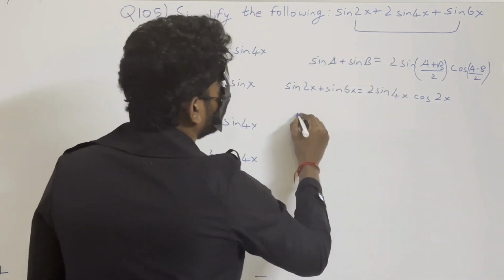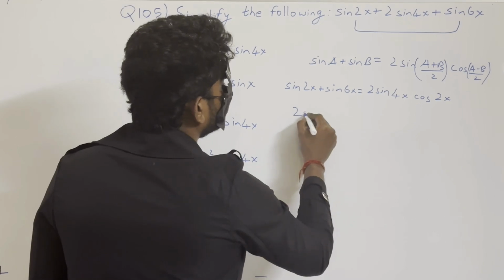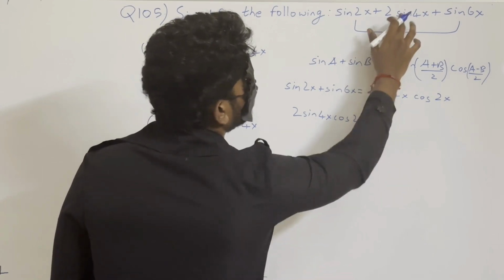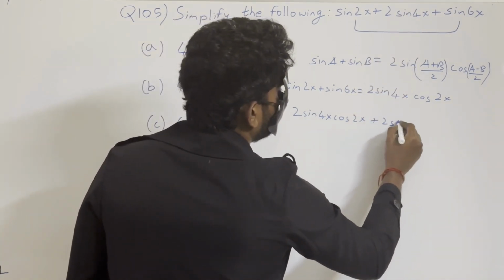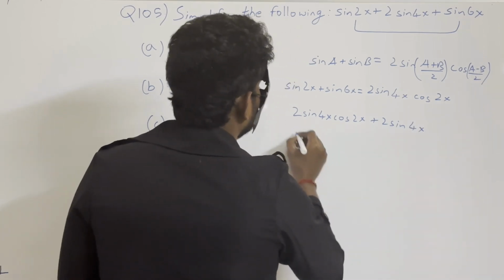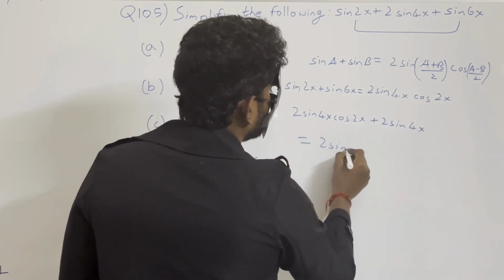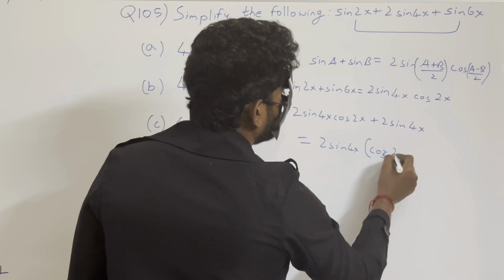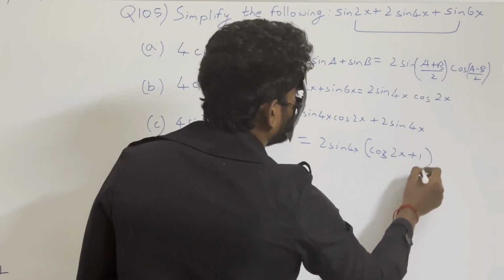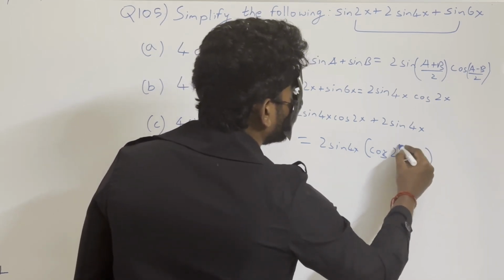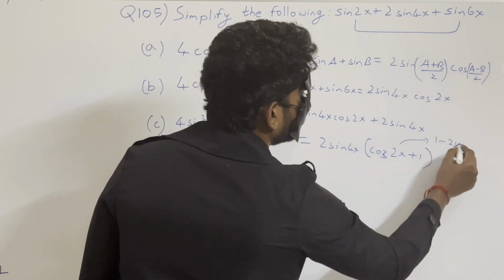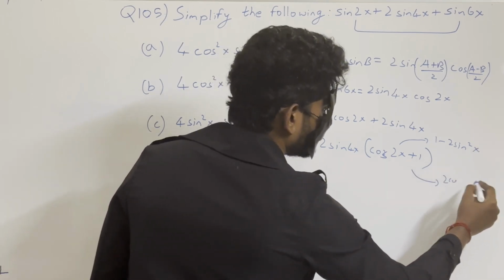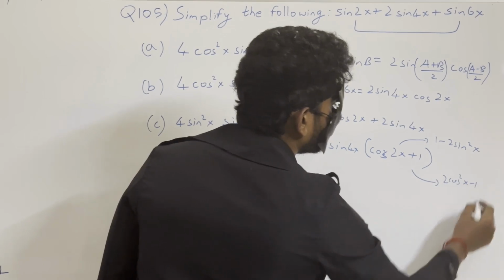Now substitute here, this is nothing but 2 sin 4x cos 2x plus this 2 sin 4x. Take 2 sin 4x common, it is nothing but cos 2x plus 1. Now this cos 2x I can write as 1 minus 2 sin square x, or I can write it as 2 cos square x minus 1.